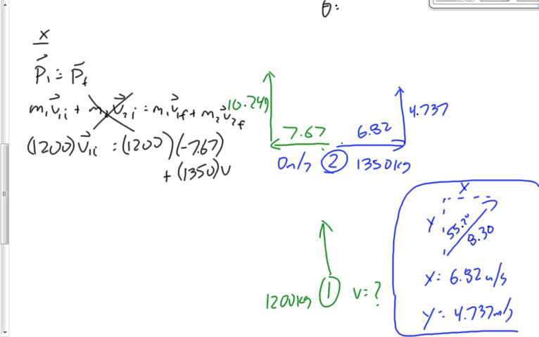And V2F X component. What do you get for that one, Vlad? Good, and it's going to be positive, right? Because it's to the right. Solve for V1I there, X component.